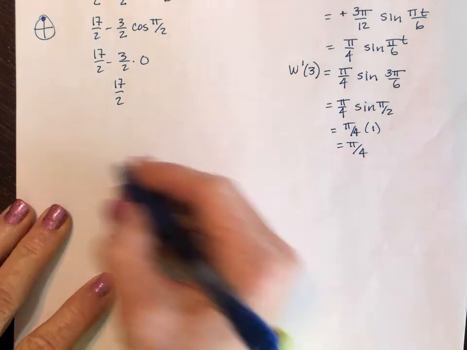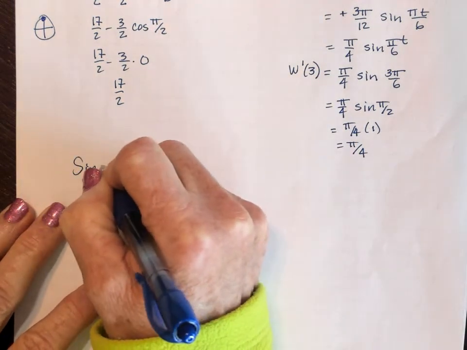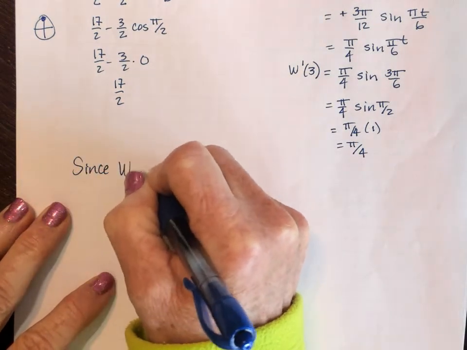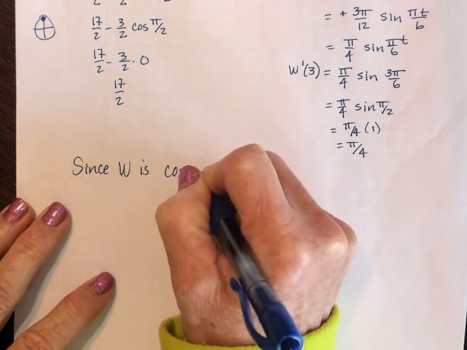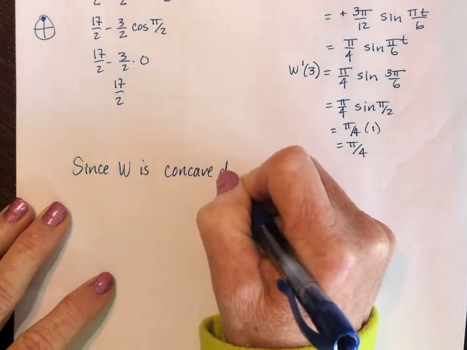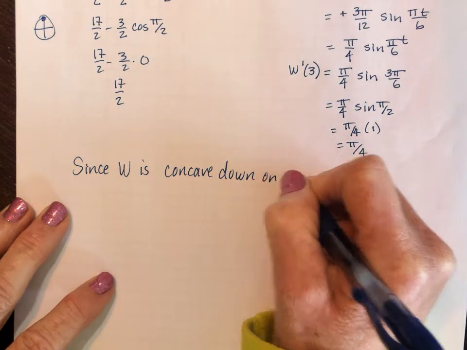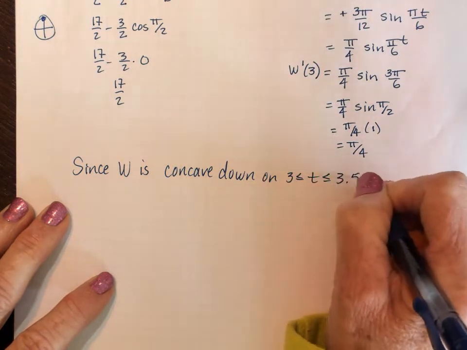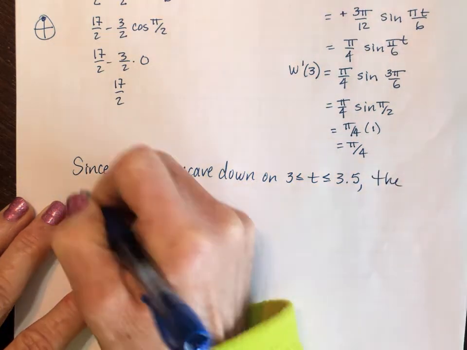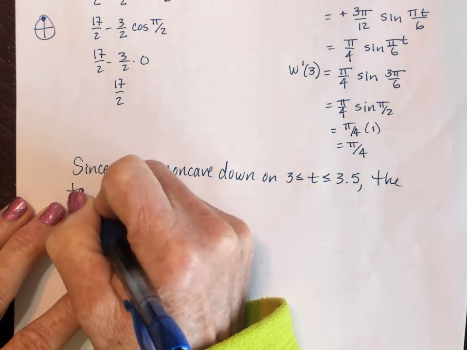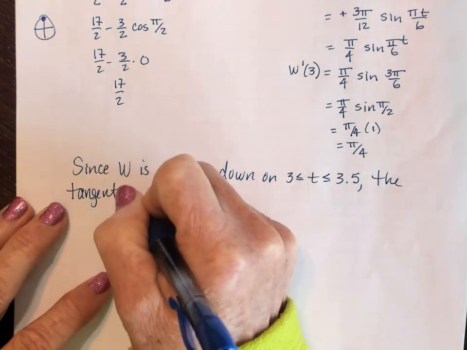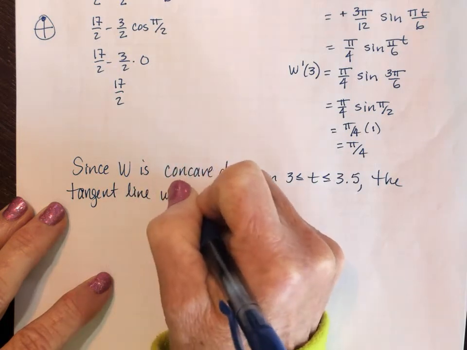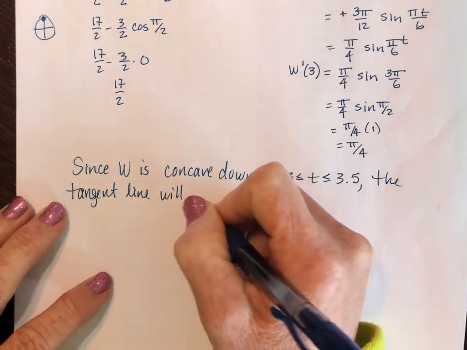Let me write that down so you can kind of think about it. Since W is concave down on that interval from 3 to 3.5, the tangent line will be above the actual curve.